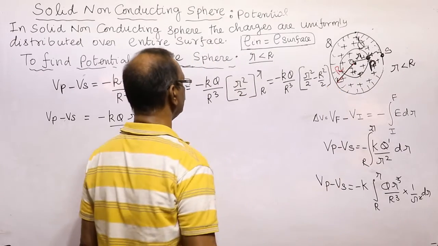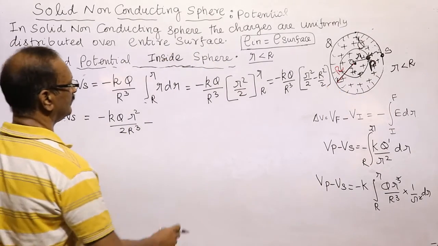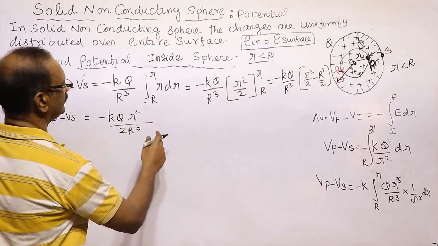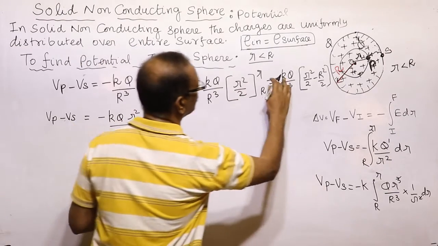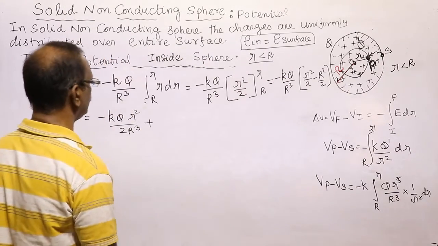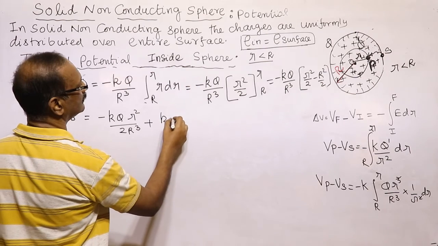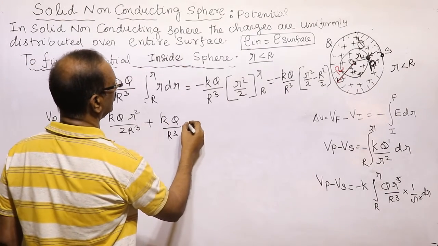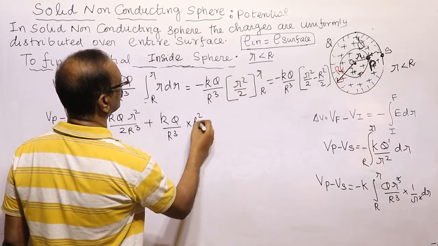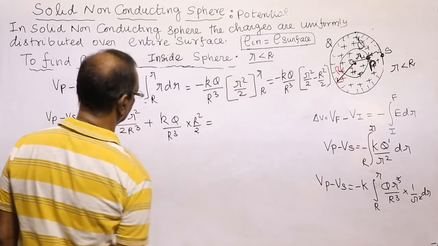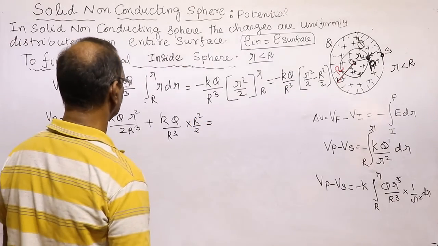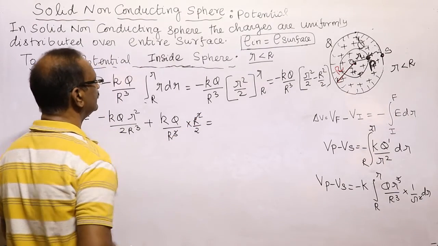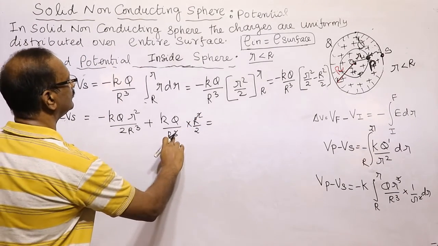On expanding, this is minus, and on expanding this is equal to kq r square by 2r cube. This is minus into minus, which will become plus. Plus is equal to k q by r cube into r square by 2. Yes, we can cancel, so this totally gets cancelled and only r is left out.